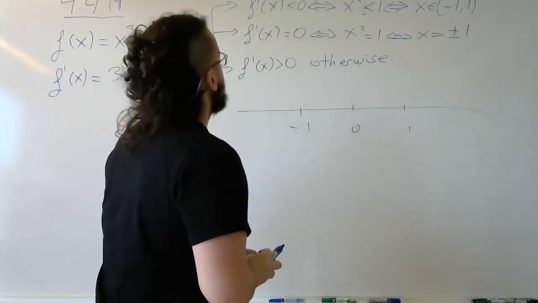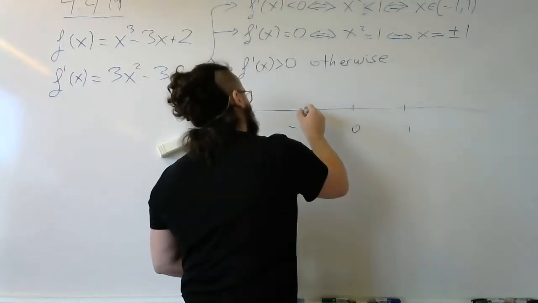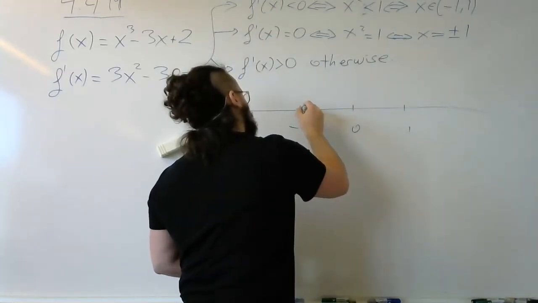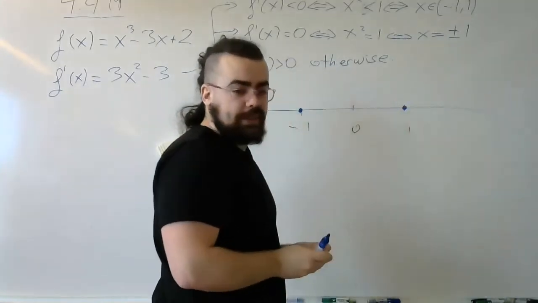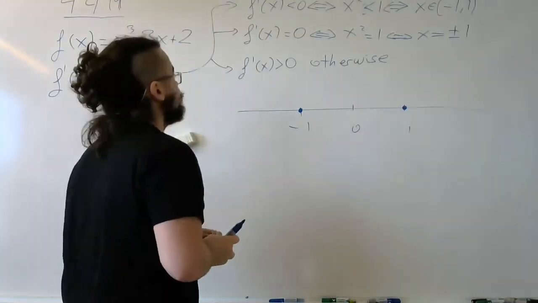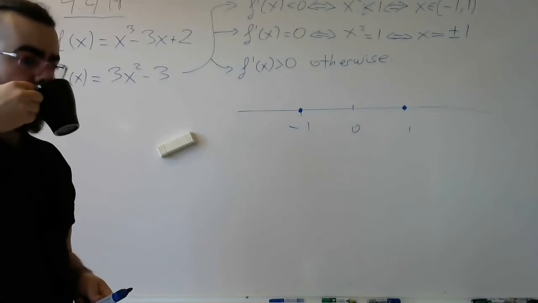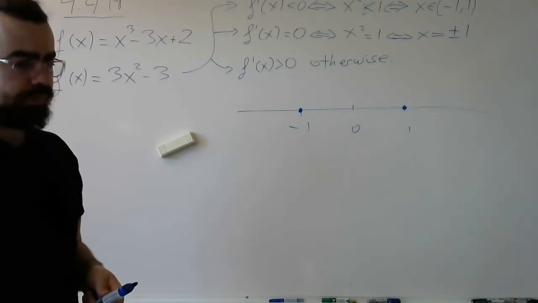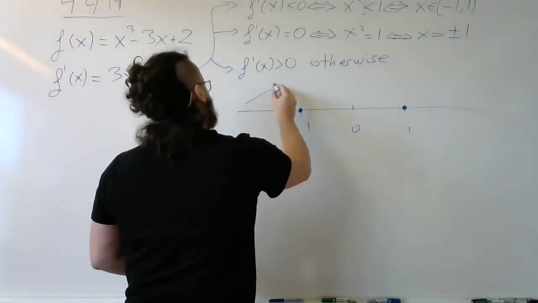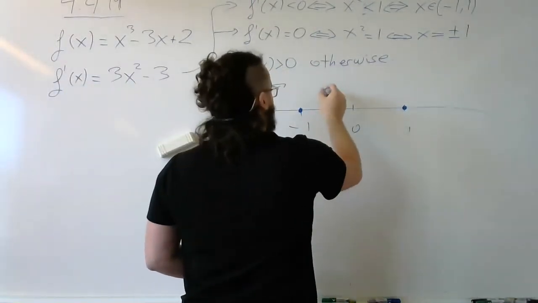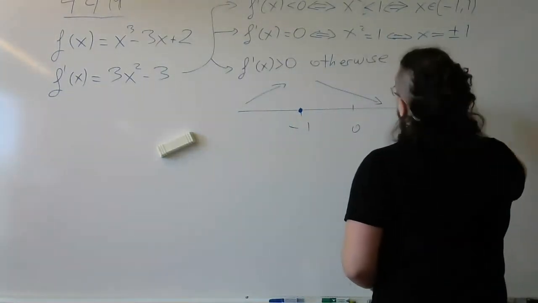And we know in plus and minus 1, we have these relative extreme points. Or maybe not. We will see. If x is more than minus 1, this function grows. If x is between minus 1 and 1, it decreases. And from here, it continues growing.